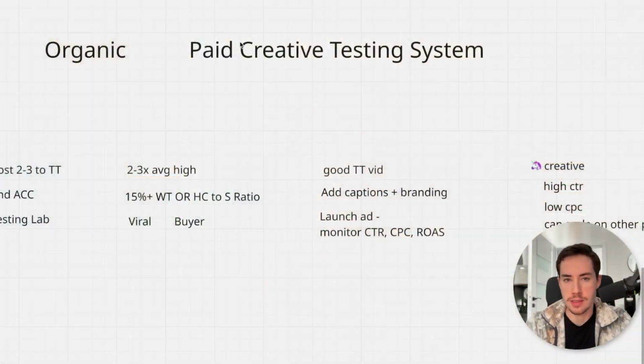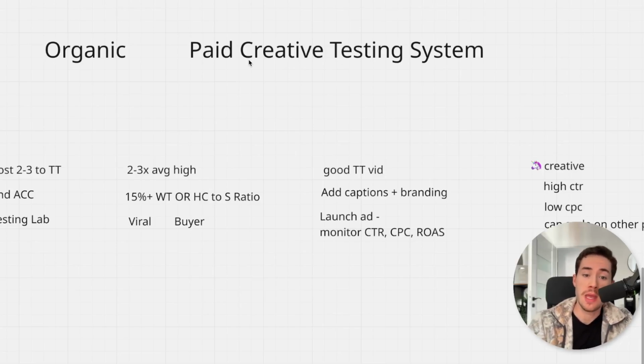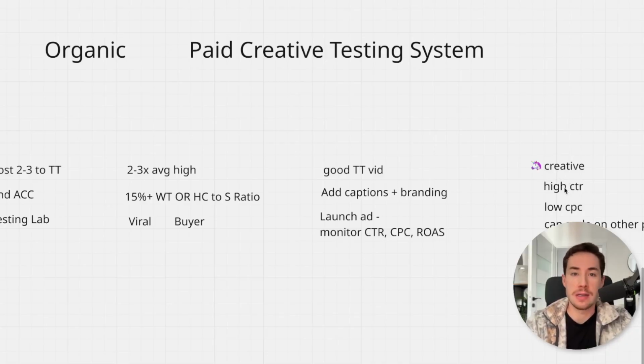But I'll just give you the full rundown here, and I'll go through each of the steps on how you can actually implement this, ultimately save more money, and then find the good creative ad unicorns, as they say, right? The ones that can actually blow up, give you amazing ROAS, etc.